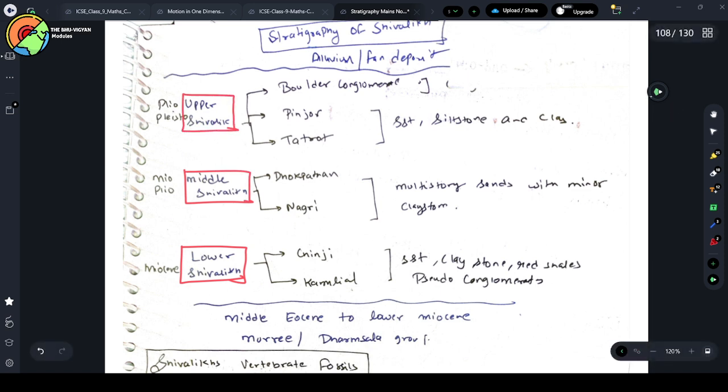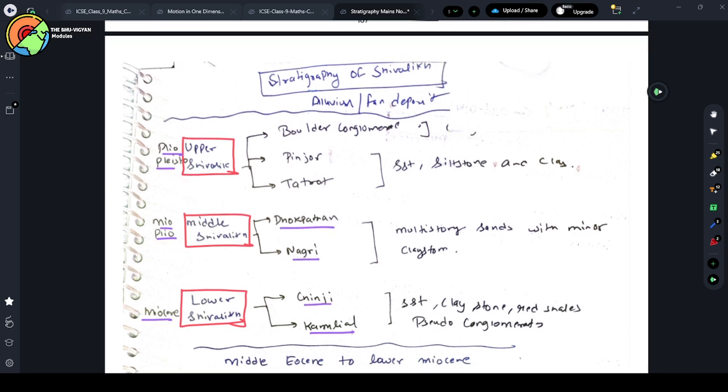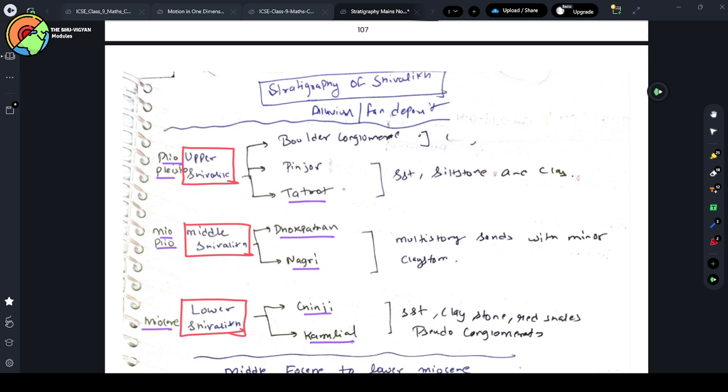The age of lower Shivalik is Miocene, middle Shivalik is Mio to Pliocene, upper Shivalik is Plio to Pleistocene. Now lower Shivalik is divided into Kamlial formation and Chinji formation. Middle Shivalik has Nagri formation and Dok Pathan formation. And upper Shivalik has Tatrot formation, Pinjore formation, and in the top it has boulder conglomerates.